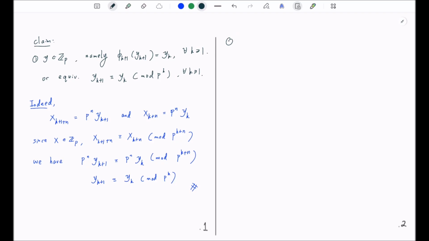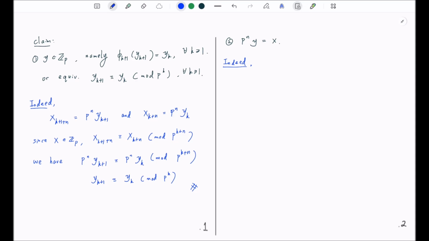And second, we're going to show that p^n times y is indeed equal to x. So y is a pre-image of x under the multiplication by p^n map.